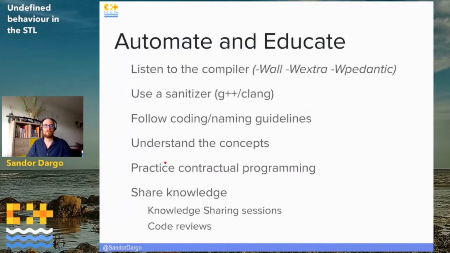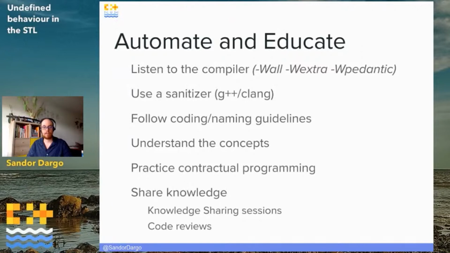I think that the good solution is that you automate what you can, and knowledge sharing, education. So it's always good to listen to your compiler. Turn on whatever warnings you can and treat them as errors. Most probably, you will find a lot of undefined behavior, a lot of bugs, just like Matt Godbolt said yesterday in his talk.